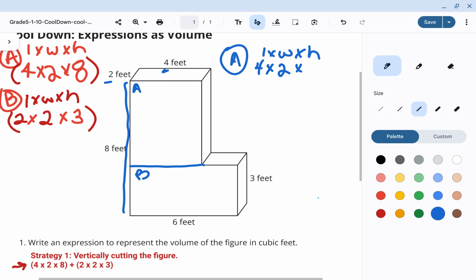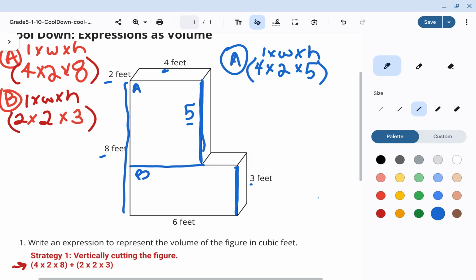I am only looking at this portion of it, but I know that this line and this line equal 8. So I know therefore that this has to be 5, because 3 plus 5 gives me 8. Okay, so that's how I know that prism A does have a height of 5. Now that is going to be key to creating my expression for number 1 with this horizontal strategy.